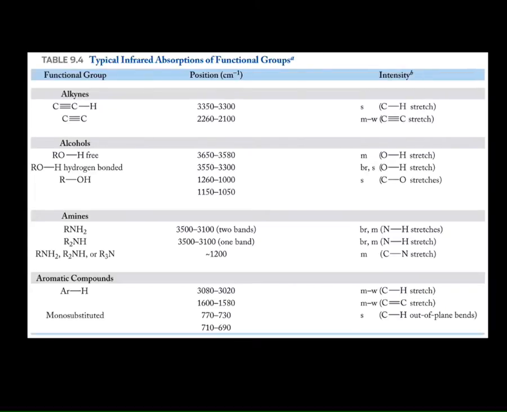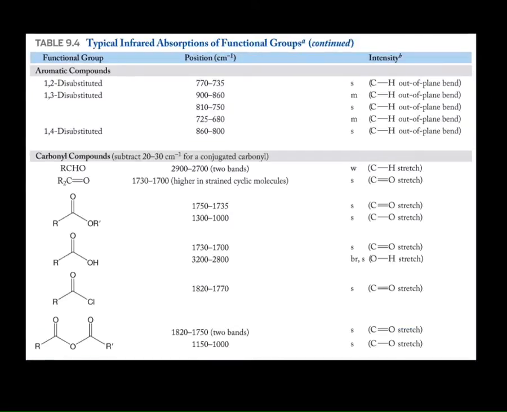There are alkyne absorptions, alcohols we talked about, amines we talked about, aromatic carbon-hydrogen bonds that we talked about as well. And of course, there are a variety of carbonyl compounds that we've discussed, and you see there are subtle variations in absorbances between aldehydes and ketones, and that of esters and carboxylic acids.